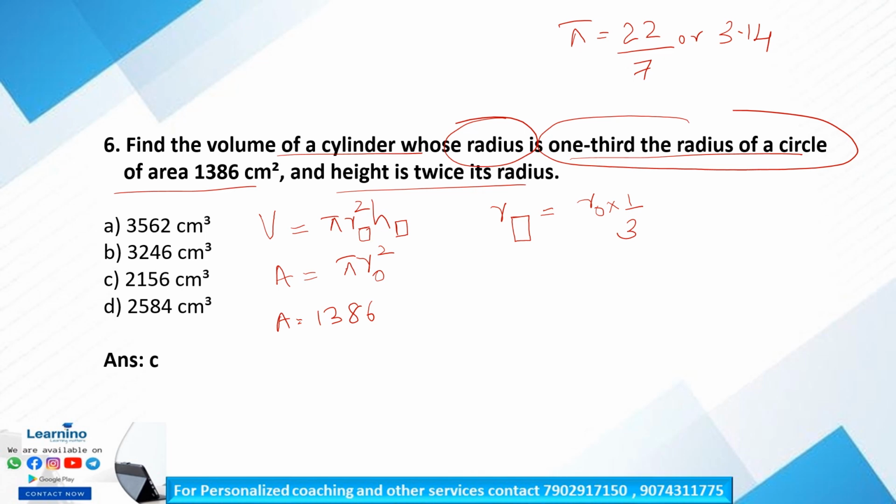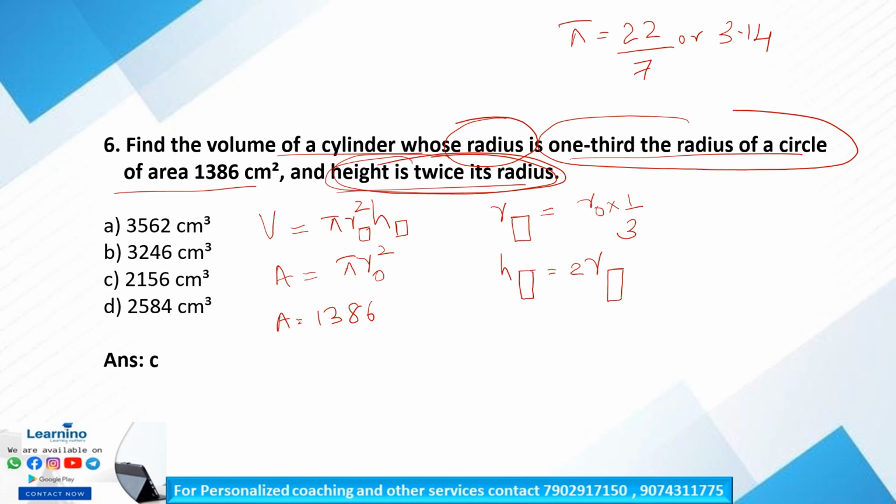Okay, and also the height is twice its radius. Who is having the height? The cylinder is having the height. Okay, so the circle is not having the height. So we have to know that the height is twice its radius, means the height of the cylinder is equal to twice its radius, that is 2 into radius of the cylinder.